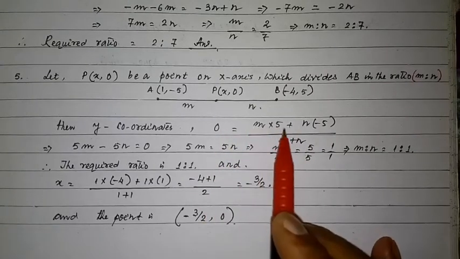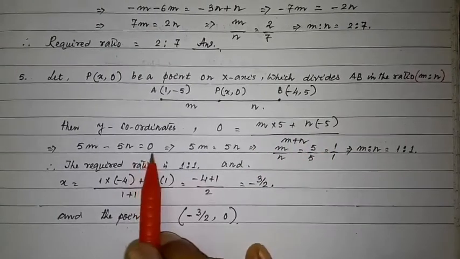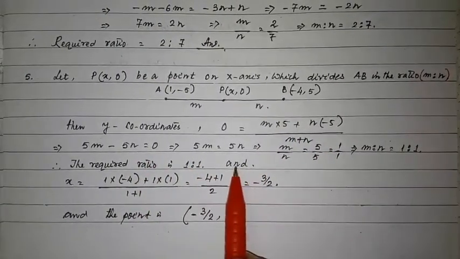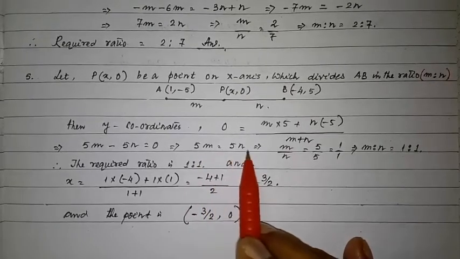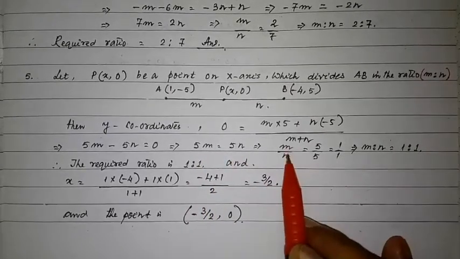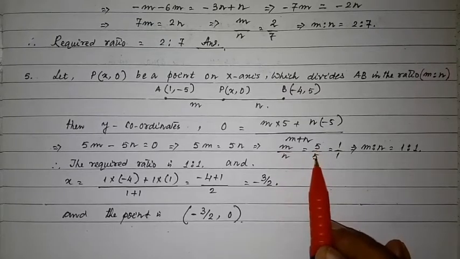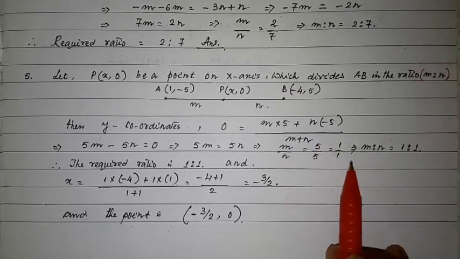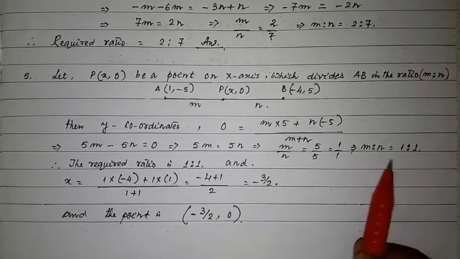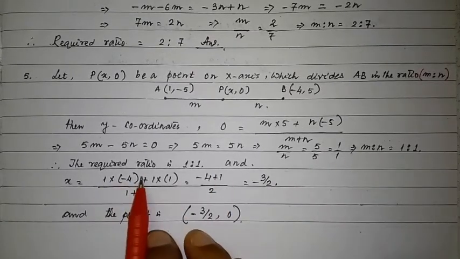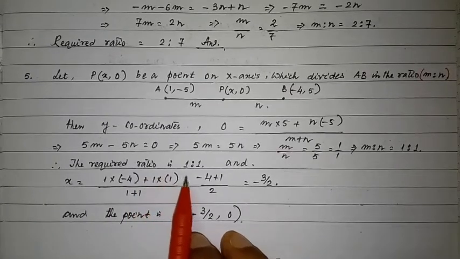Now 5m minus 5n is equal to 0, implies 5m is equal to 5n, implies m by n is equal to 5 by 5 is equal to 1 by 1. So m is to n is equal to 1 is to 1. Therefore, the required ratio is 1 is to 1.